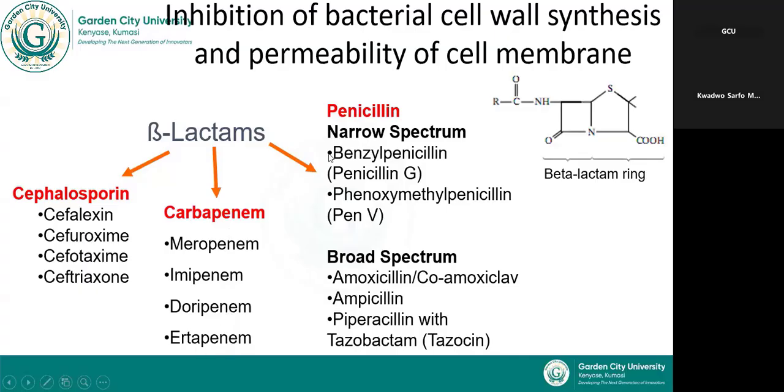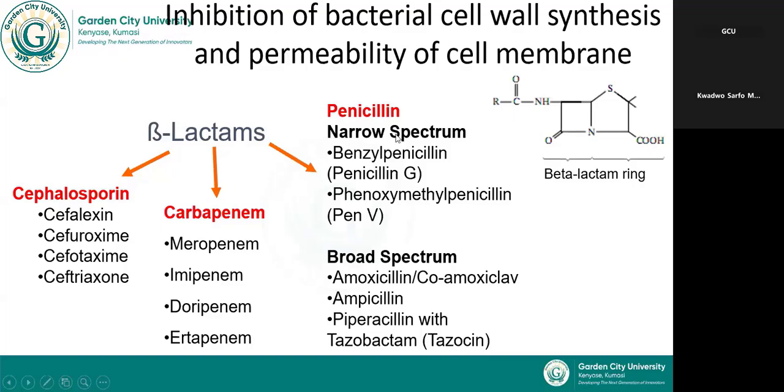But for the clinicians who administer these antibiotics, we have first generation, second generation, third, and fourth. They will not start from the fourth generation. They start with the first, second. If they fail, then they go to the next class, third, before the last option, so that we can safeguard these antibiotics and prevent or reduce resistance.